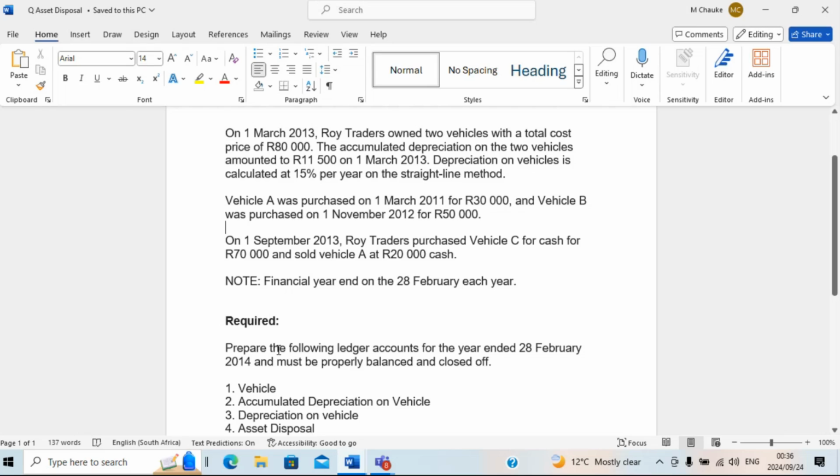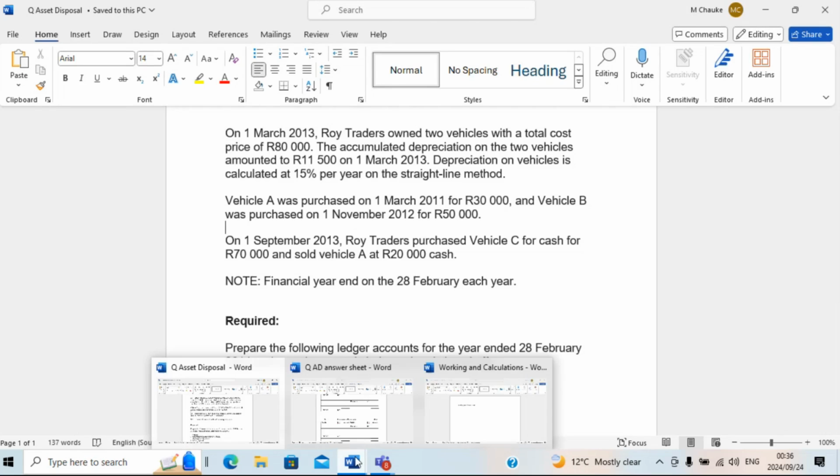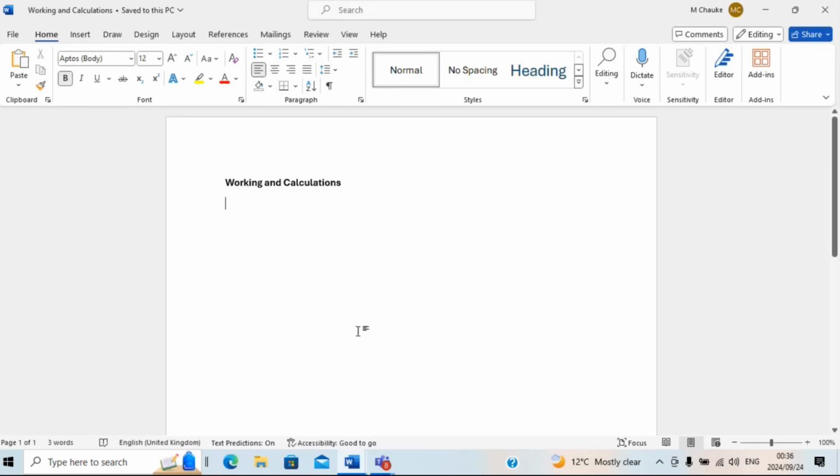Number one, we need to go to the worksheet. We go to the worksheet and we determine the financial period, number one. That's step number one.